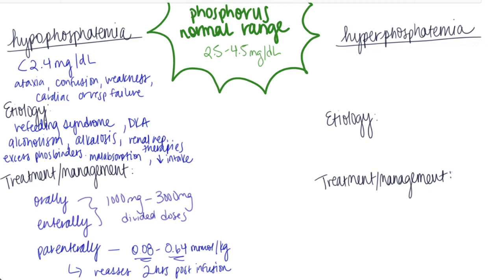Now, if we look at the other side of the screen, we're thinking about hyperphosphatemia. So that's that excess phosphorus, very high levels of phosphorus in the serum. This is going to be individuals who are experiencing greater than 4.5 milligrams per deciliter. Individuals with hyperphosphatemia are more likely to present with things such as anorexia, oftentimes with nausea or vomiting.